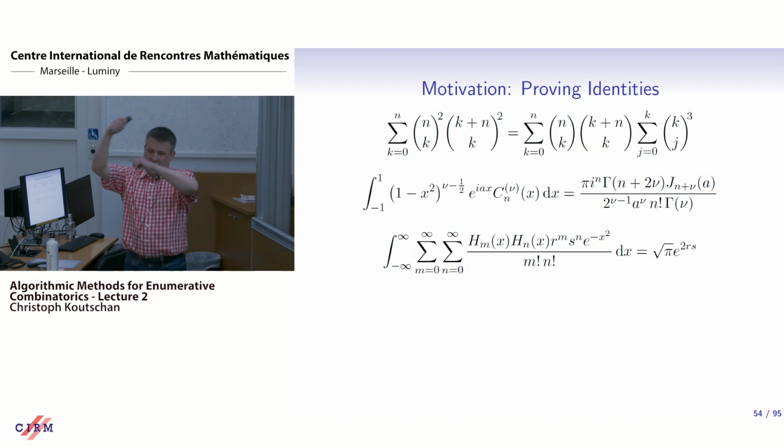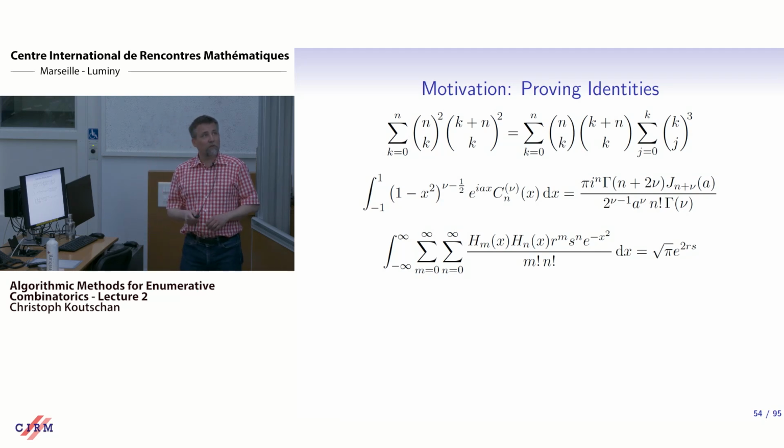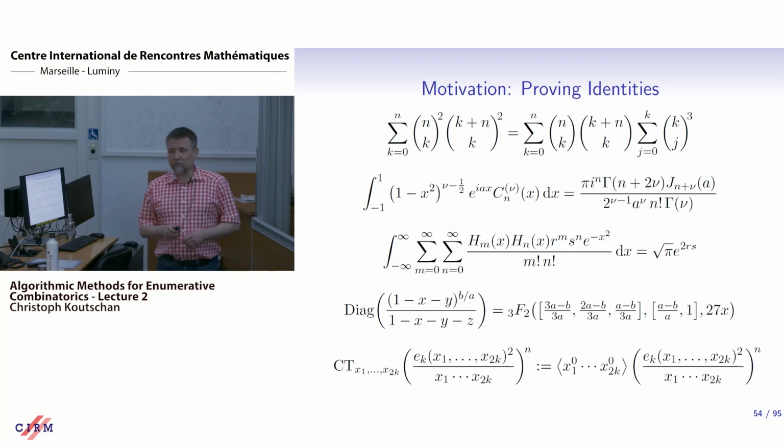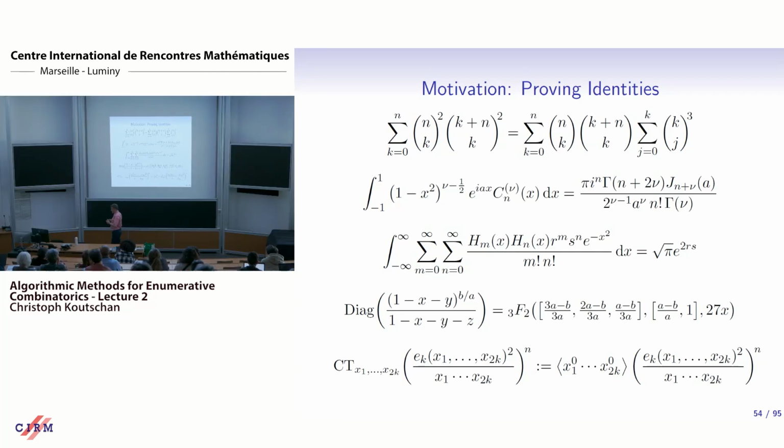You can do identities where you have a mixture between summation and integration, like this orthogonality relation of Hermite polynomials. We can compute diagonals of rational functions or diagonals of any power series. We can do constant term extraction of, again, rational function or of powers of Laurent polynomials. So the last one is not an identity, it's just two different ways of writing this thing.